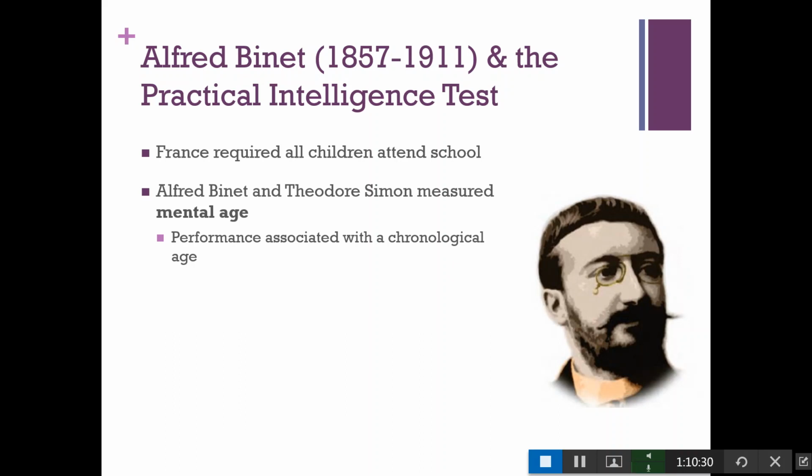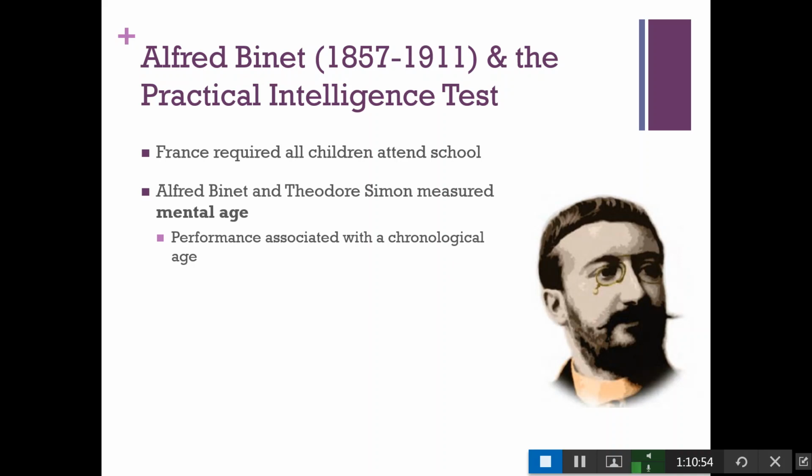For example, you take a test and you're 15, but your test indicates that you read at a 12-year-old's level or a 10-year-old's level. Okay, this is your mental age. It's basically corresponding to your intelligence level at a certain chronological age.